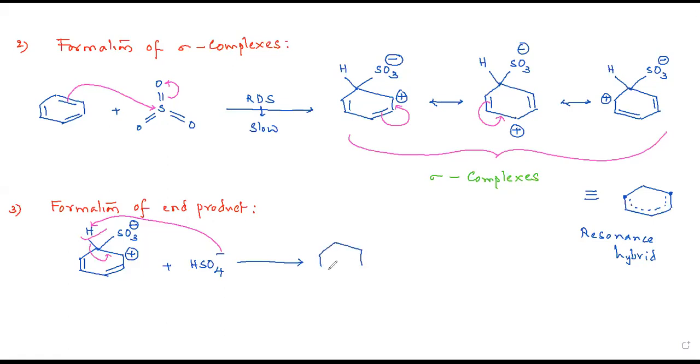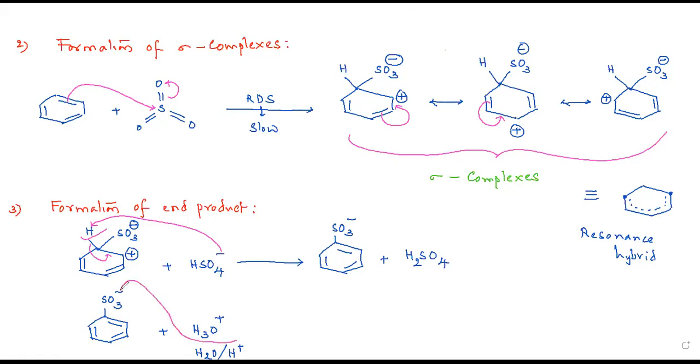So we'll get SO3 minus, right? Along with that, of course, sulfuric acid. Now this SO3 minus with the H3O plus, nothing but H2O and H. That's it.